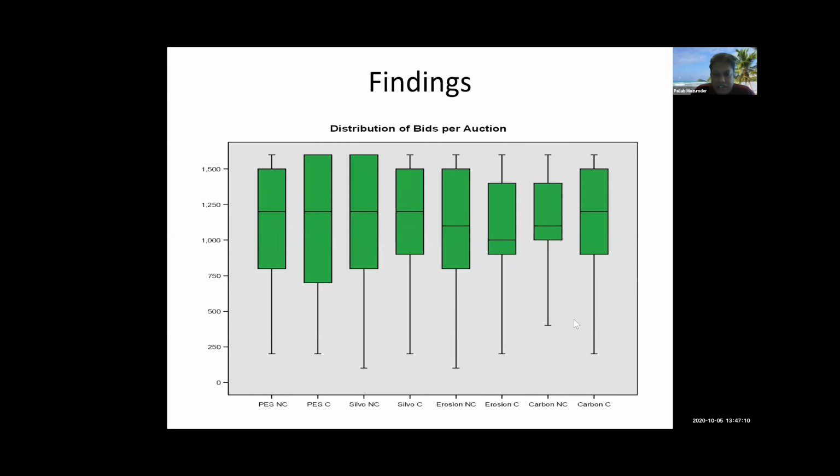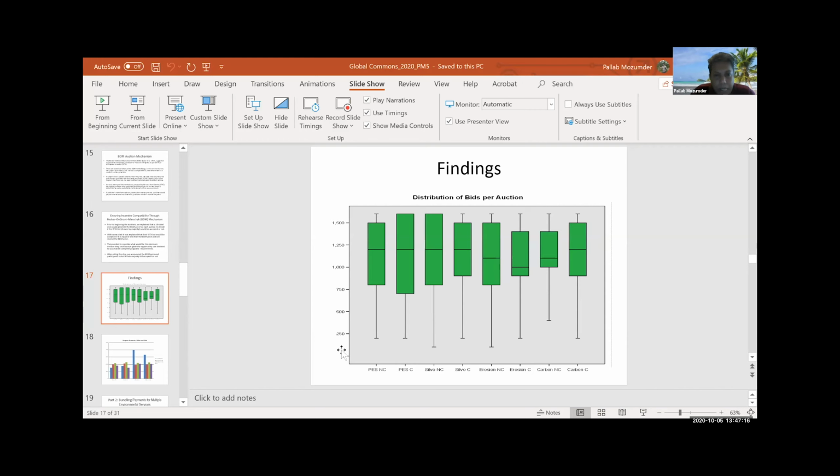So here you can see we tried this. We ran some sessions where we allowed communication; NC means no communication, C means communication. We wanted to see if allowing them to discuss would change their bid structure.